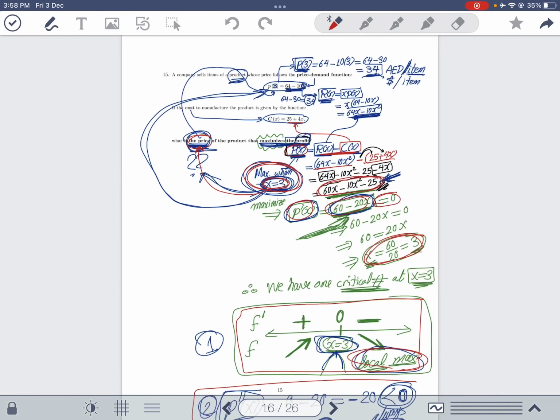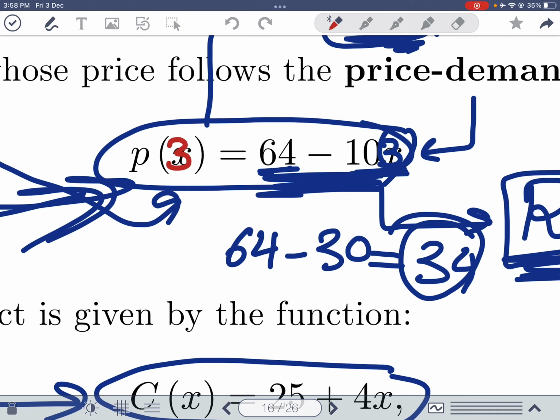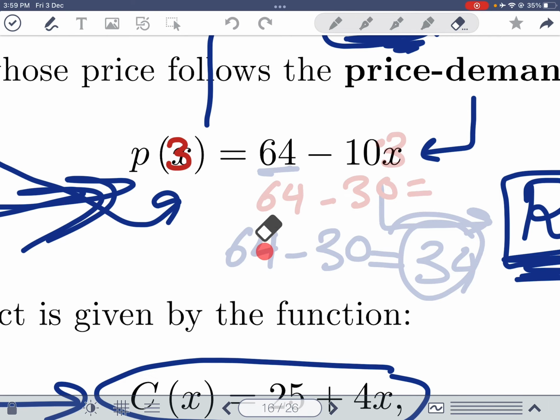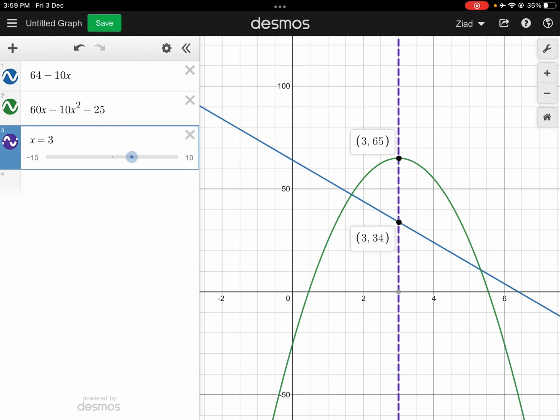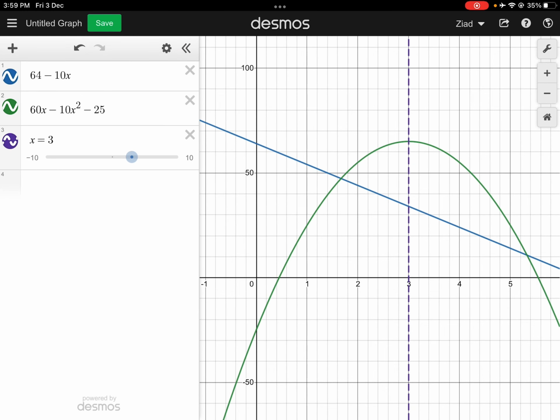And when you replace 3 in the price demand function, instead of x, put 3, then this will be 10 times 3, so 64 minus 30, and so you get 34. And this 34 is the 34 that you see in the blue curve here, and the blue curve is the price demand function. So at 3 you have 34, and I will stop here.